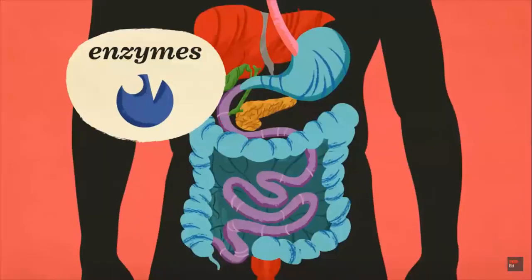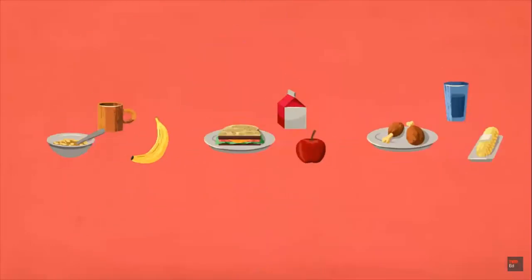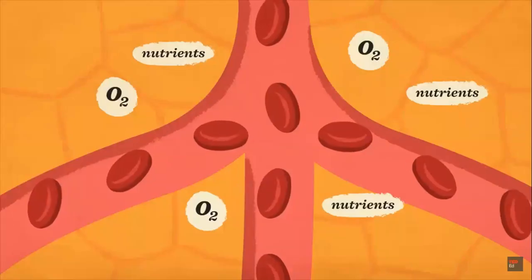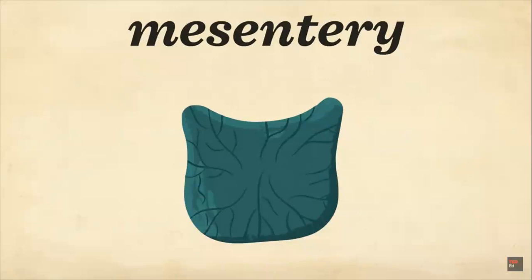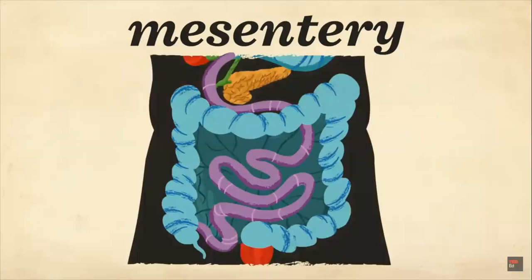Third, the body's enzymes, hormones, nerves, and blood all work together to break down food, modulate the digestive process, and deliver its final products. Finally, there's the mesentery, a large stretch of tissue that supports and positions all your digestive organs in the abdomen, enabling them to do their jobs.